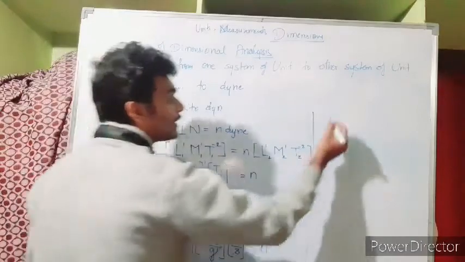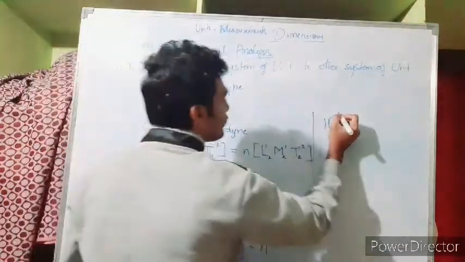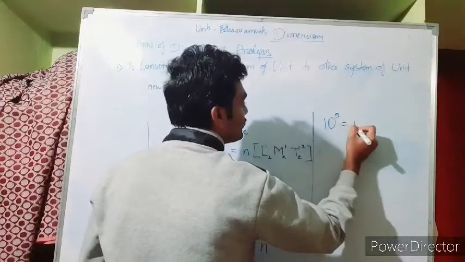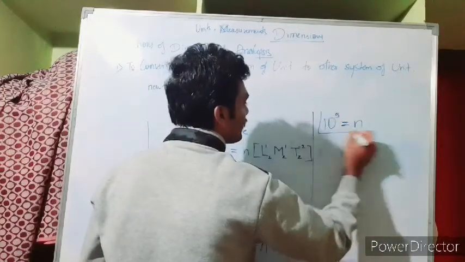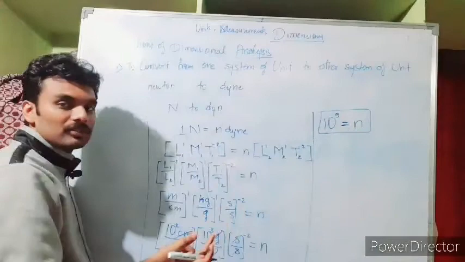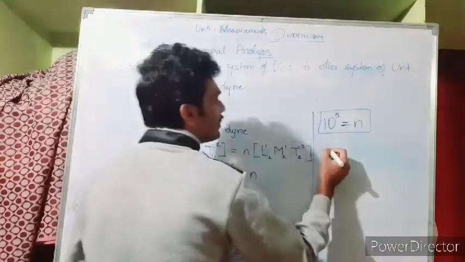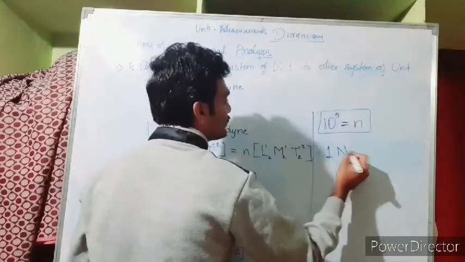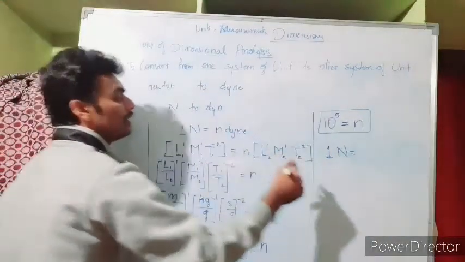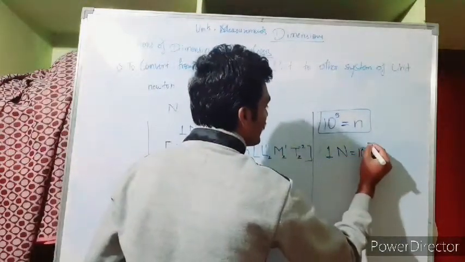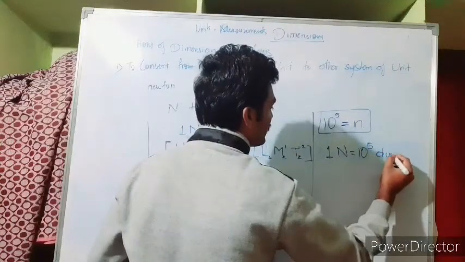So together it is 10 to the power of 2 into 10 to the power of 3, which is 10 to the power of 5, is equal to n. That's it. We have the conversion factor. So 1 Newton is equal to 10 to the power of 5 Dyne.